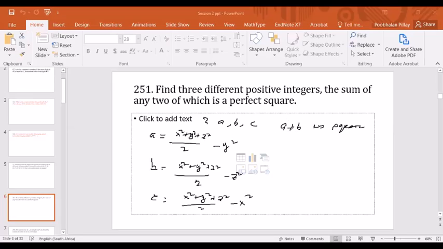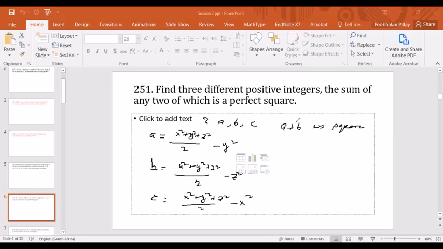I was able to prove this morning that you can find infinitely many solutions, but if A plus B is a square and one of them is even and one of them is odd, then you can solve this problem.